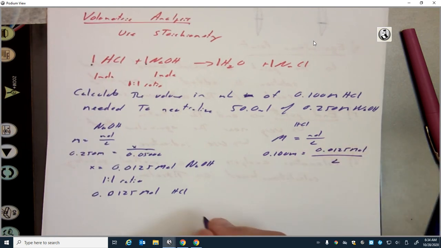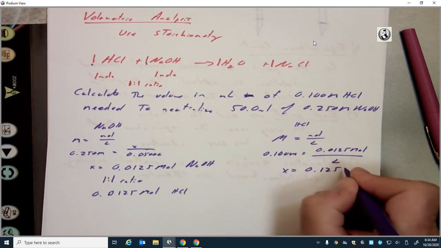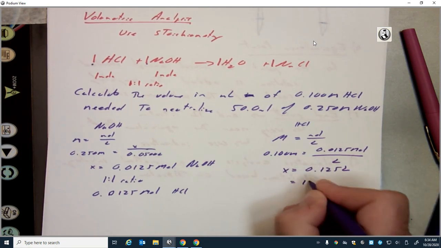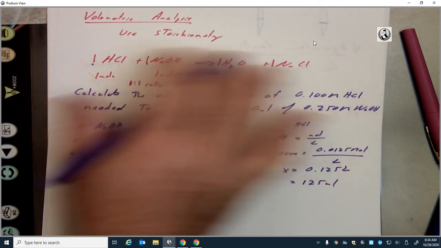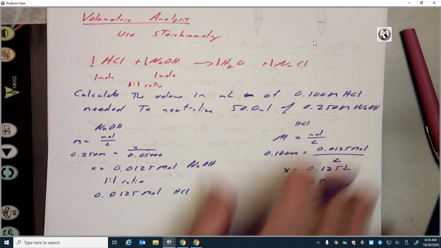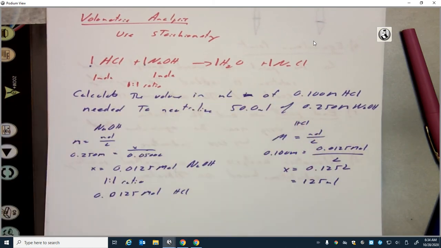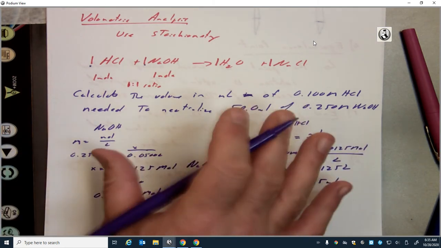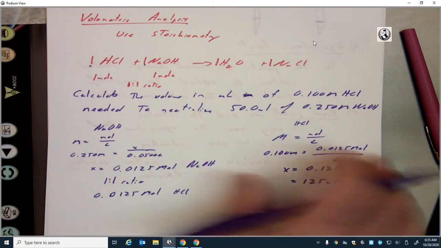I can calculate liters, which is 125 milliliters. So this right here is called a volumetric analysis. This is what we're going to be doing for our titrations and those different things. We always work in moles.